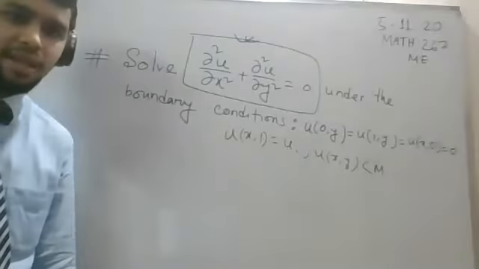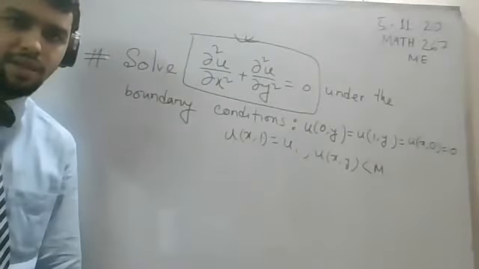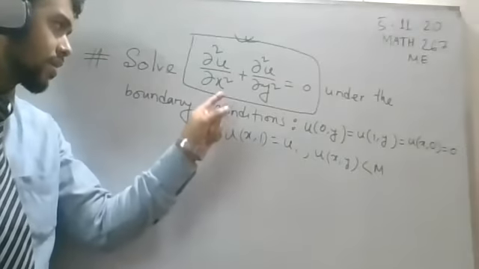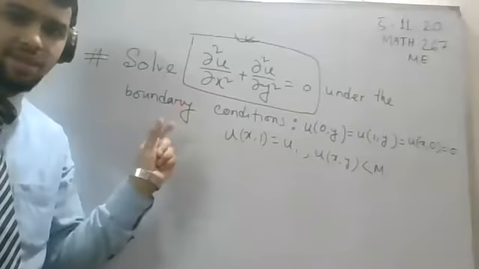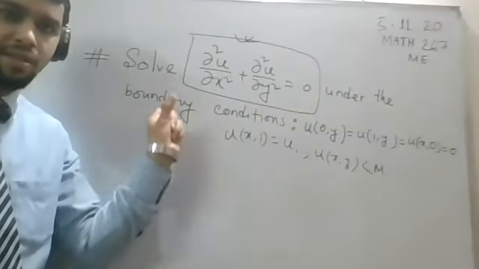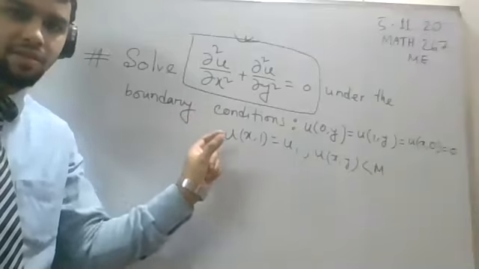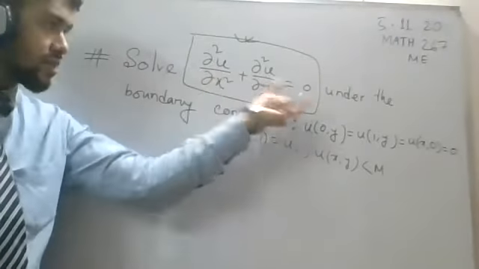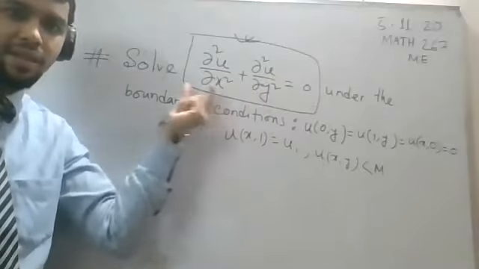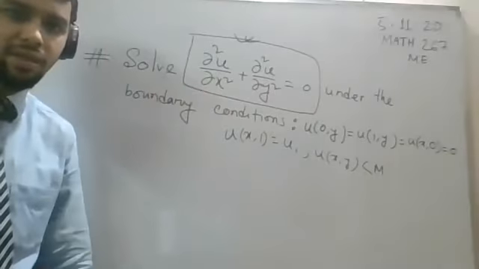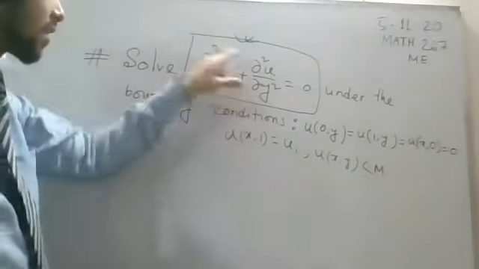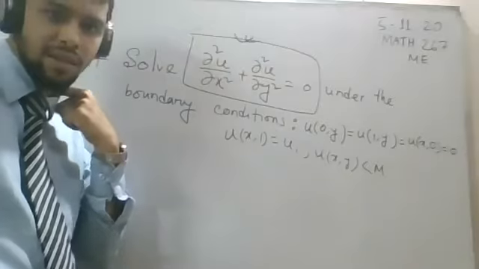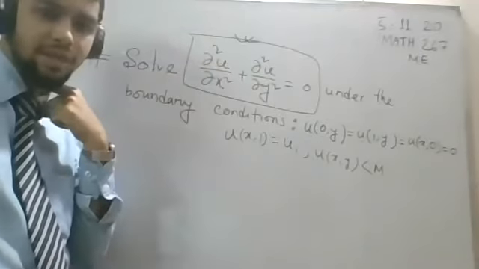This is your Laplacian equation. Obviously you know that del square u by del x square plus del square u by del y square equals 0. This is our Laplacian equation. So if it equals 0, then you can say this is your harmonic function. But this one is the Laplacian operator, and this is also known as the Laplacian equation.